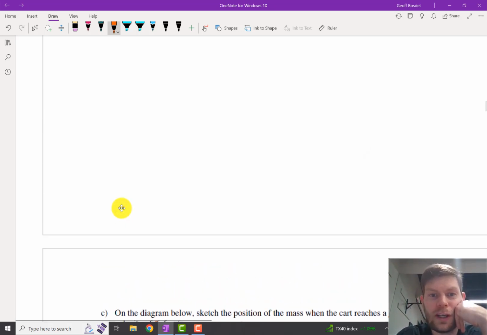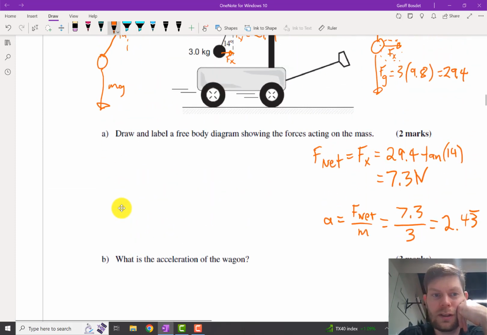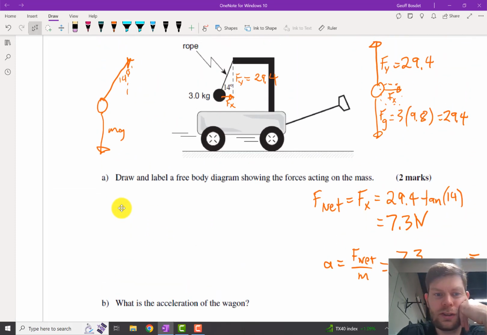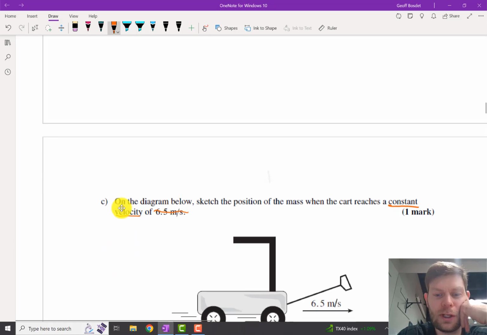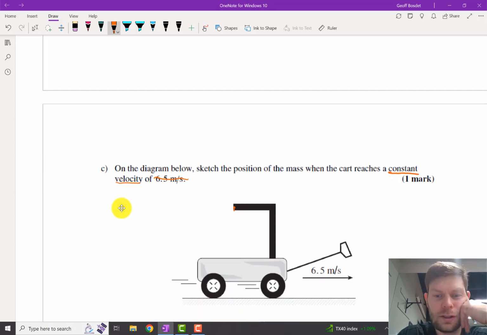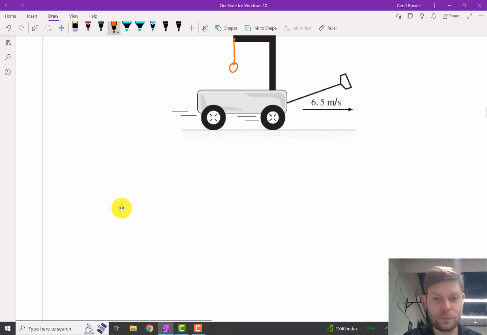Now, if you think about it, if there is any angle here, there will be an uncanceled force. There will be a net force. So the only way to have no net force is for there to be no angle. Ta-da! There you go. Once you're at rest or at a constant velocity, it should be straight up and down.